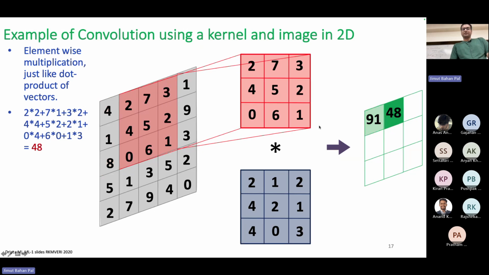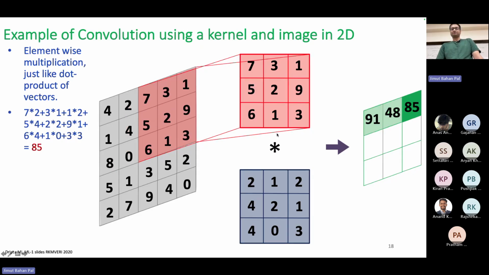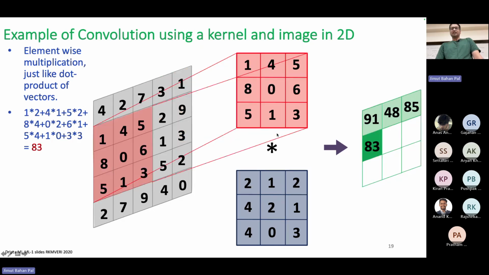Similarly, for the next step, we shift 1 pixel to the right and perform a similar dot product, and it gives 48 as output. It goes on until the whole image is covered sequentially.